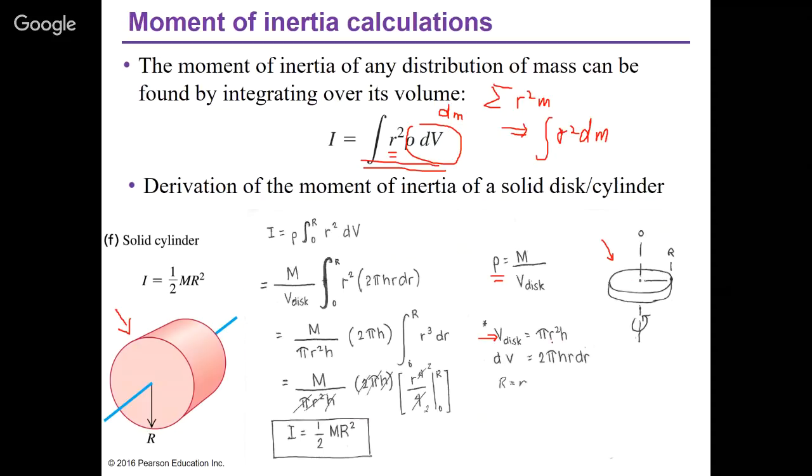That will be pi r squared times h, where h is the thickness of this cylinder and pi r squared is the area. Then if we take the derivative, that gives dV, where r is the variable that can be changed. That will be 2 pi h r dr.